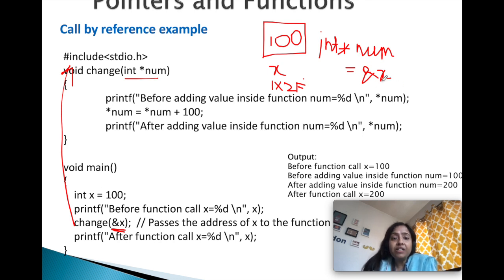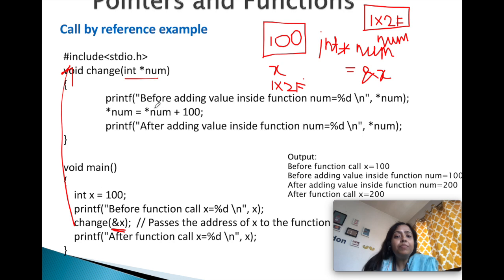What is the meaning of that? num is another variable here. What type of variable is num? It is a pointer variable, which stores the address of x. So what will be stored there? 1x2f. Now notice the next line, which is very interesting.